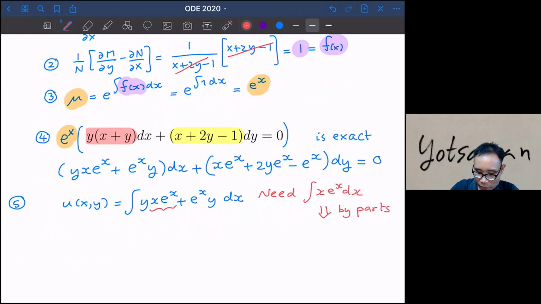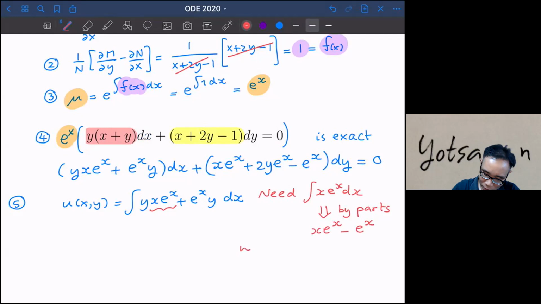It's going to use the integration by parts from calculus 1, and it turns out to be x e to the x minus e to the x plus c. So this one can be done by parts, but we're going to avoid it.